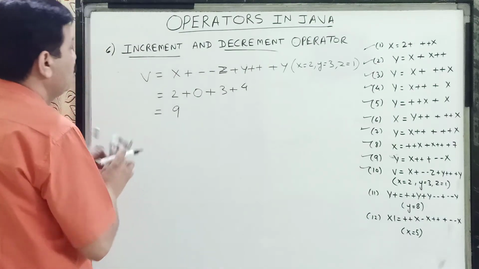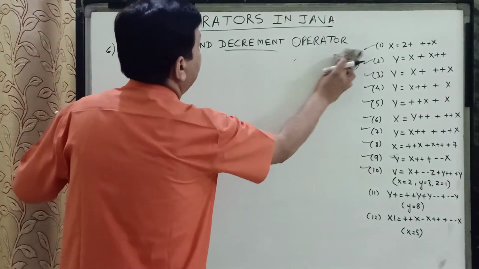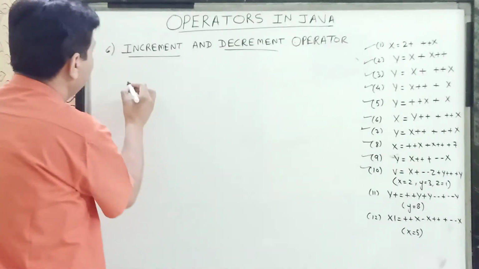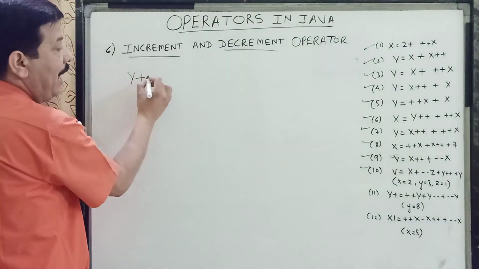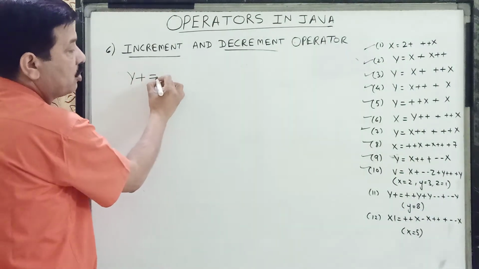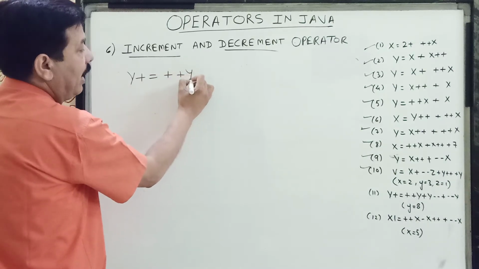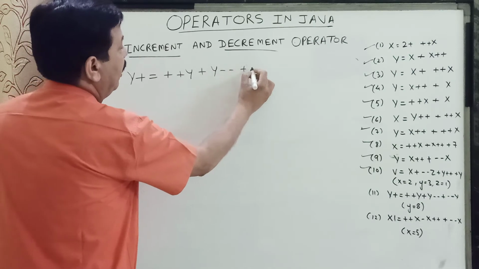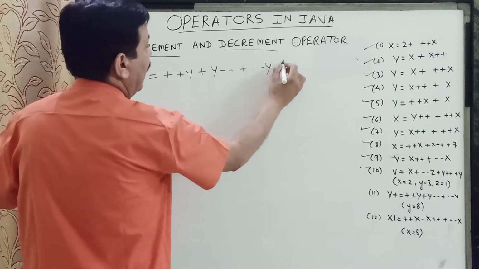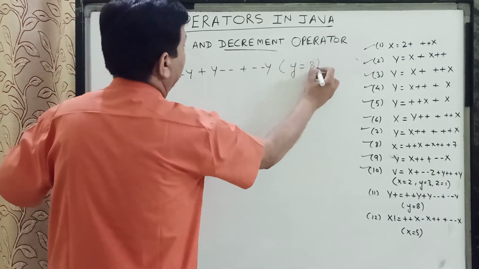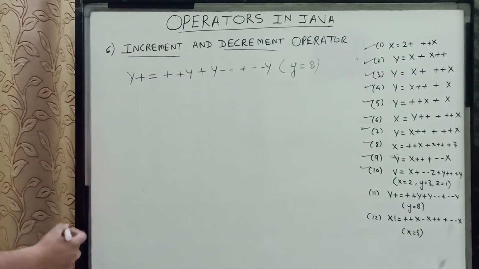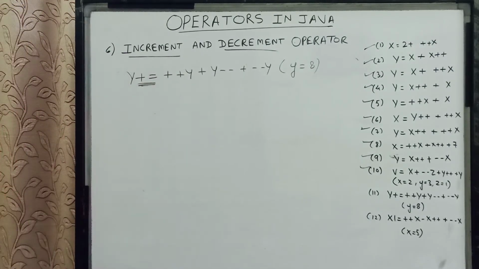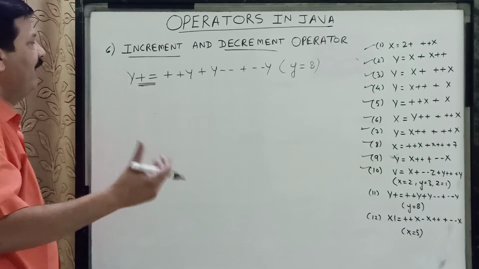Now we come to the next one. This is of 2018. In 2018 this question was asked, the 11th one which I have written, children: y is equal to y plus equals to plus y plus y minus plus minus y. And the value of y given is 8. Now children, here there is a Java shorthand used, which we have studied in the previous video.